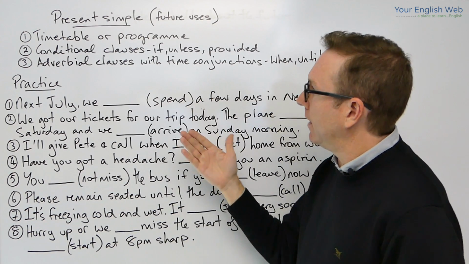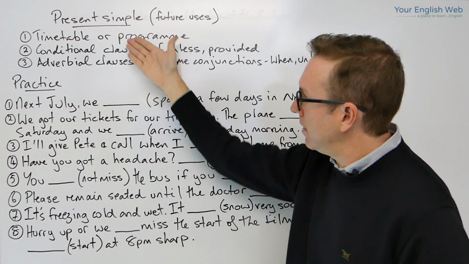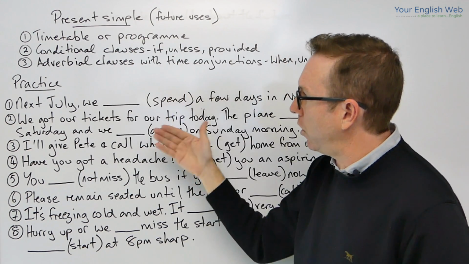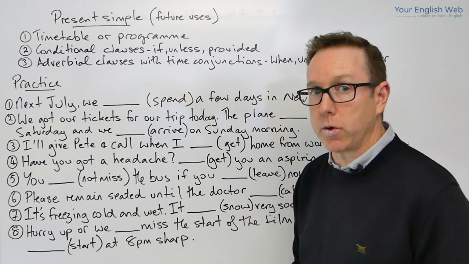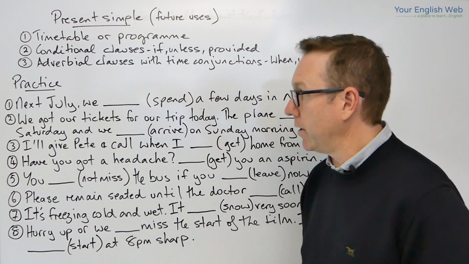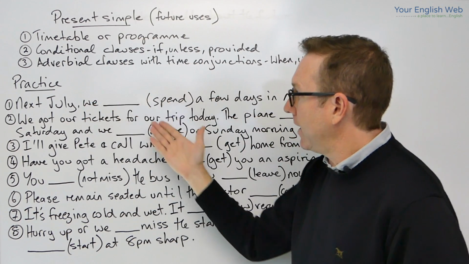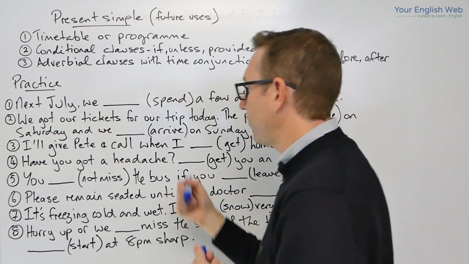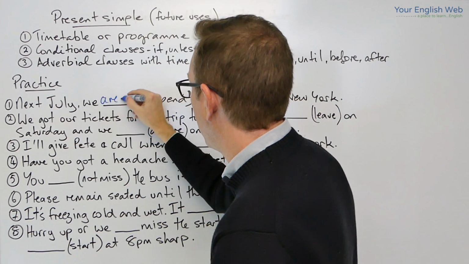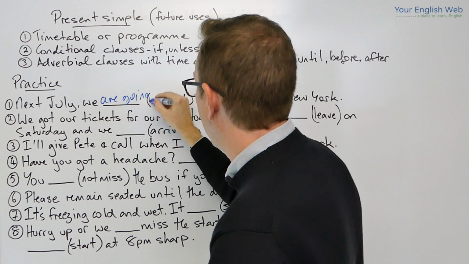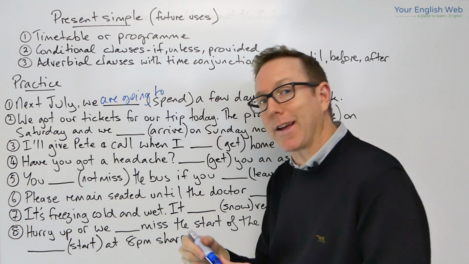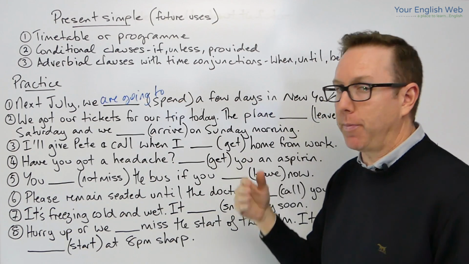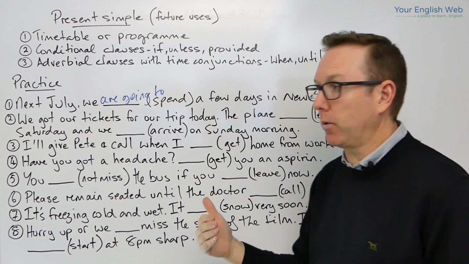So let's think. Is it one of these three conditions that we have here? Is it a timetable? Is it a conditional clause? Is it an adverbial clause? No, it is not. So next July, we are going to spend a few days in New York because it's a planned event, okay?